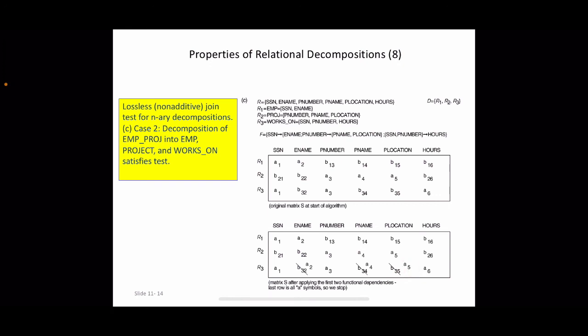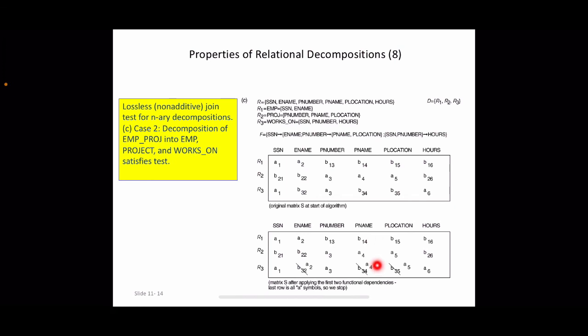Okay. Now coming to the next dependency, SSN and P number together determine hours. So do we have any two relations having the same value for the X part? We will check. X part is SSN and P number: A1, B13, B21, A3, A1, A3. No two relations have the same X part, right? So we can't change anymore. So this is how the matrix looks after applying step 4 in our case.